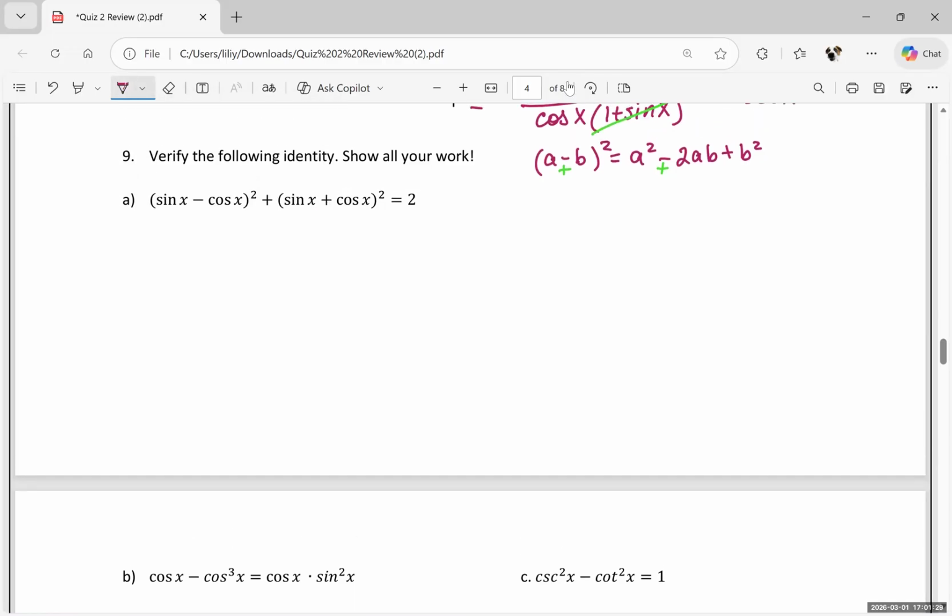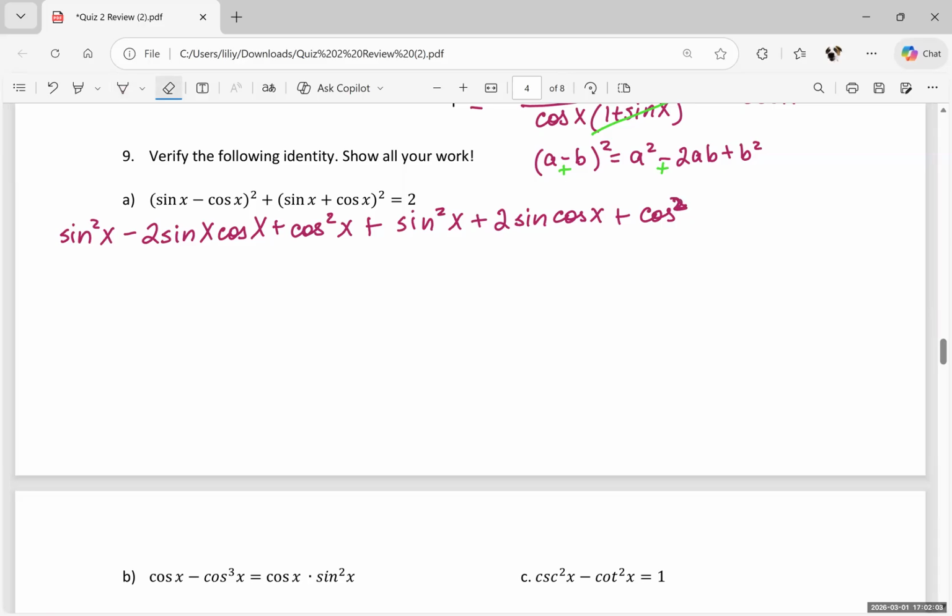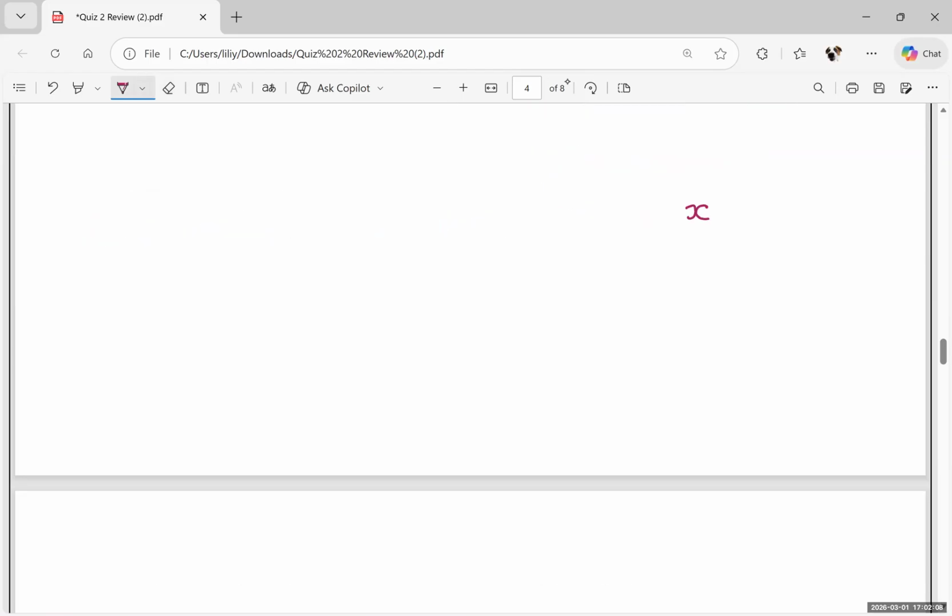So that's the first thing we're going to do, is open up both of these parentheses. So the first one, this is going to be sine squared x minus 2 sine x cosine x plus cosine squared x, plus the second parenthesis, sine squared x plus 2 sine x cosine x plus cosine squared x.